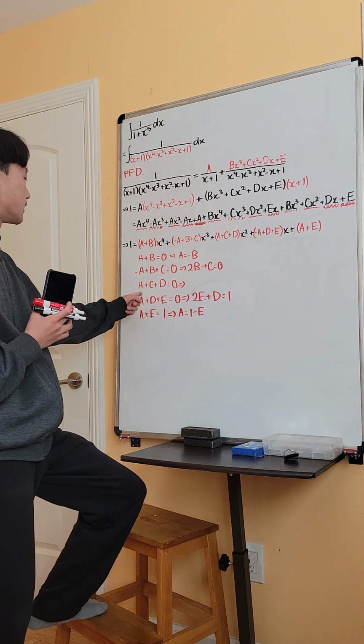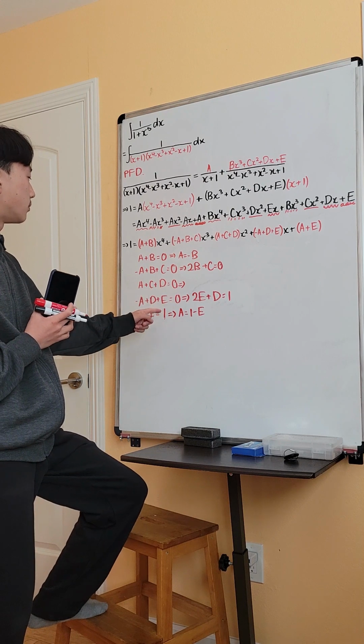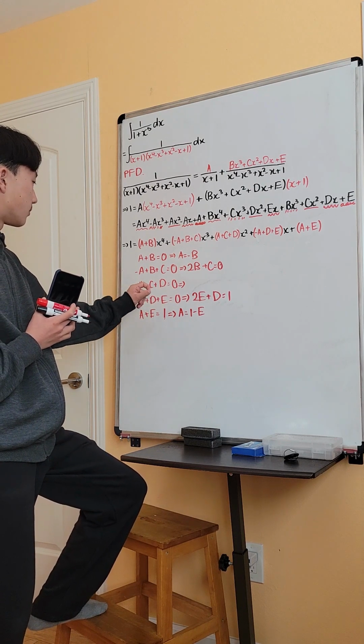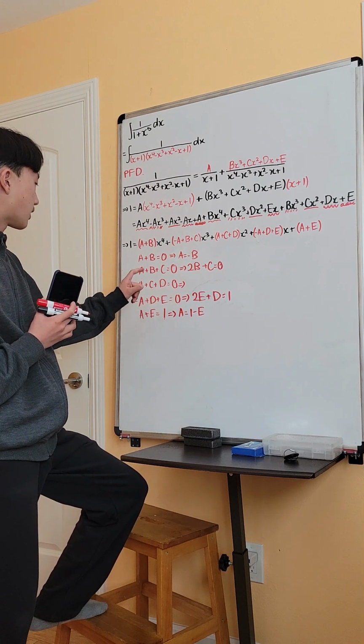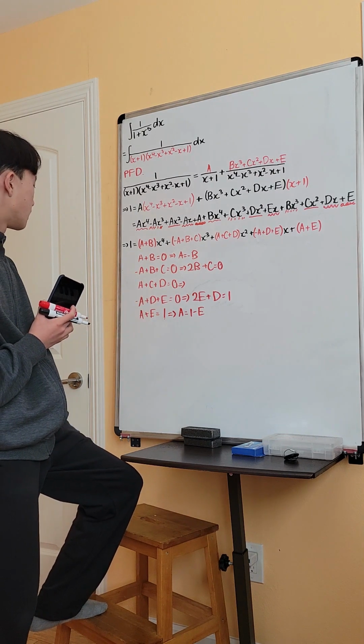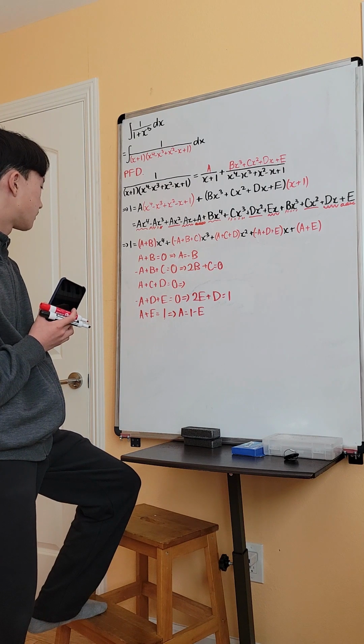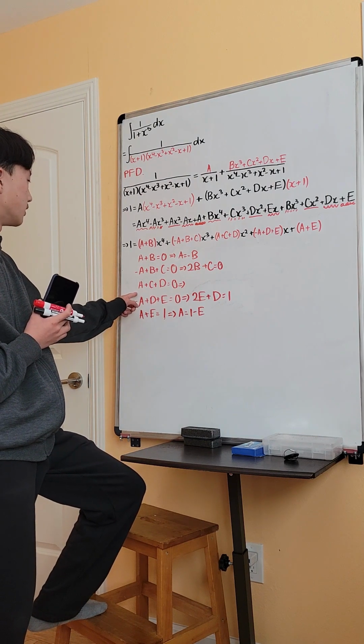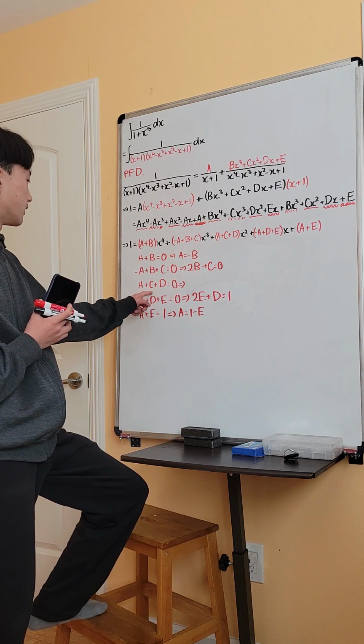In fact, we can write this in terms of all B's, I think. 2B plus C, and then negative B minus 2B.